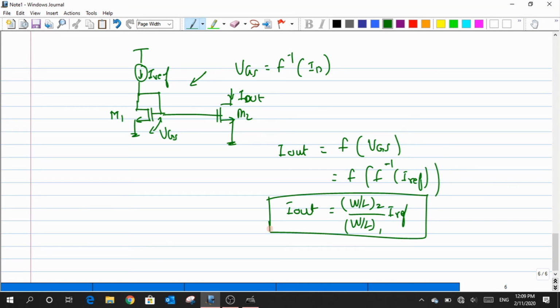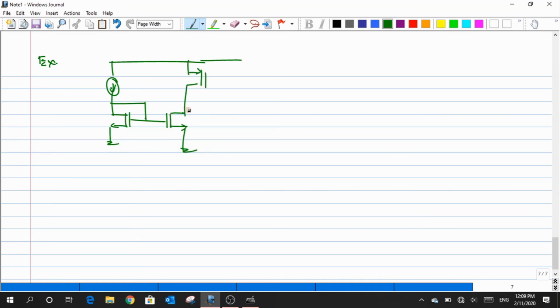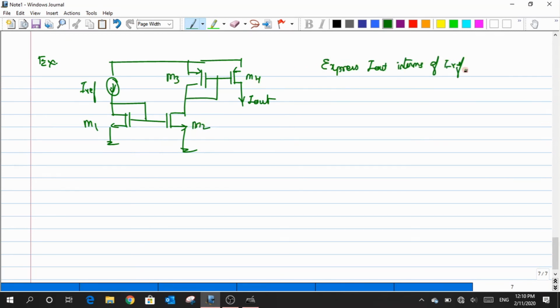Shall we perform a simple exercise? So let me have a circuit. Express this I out in terms of I reference.